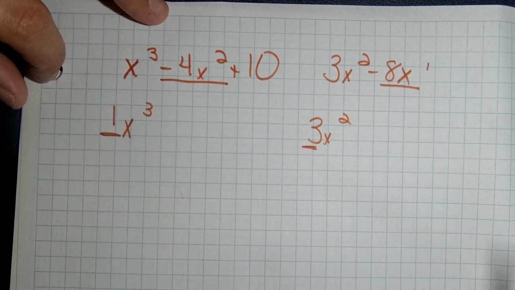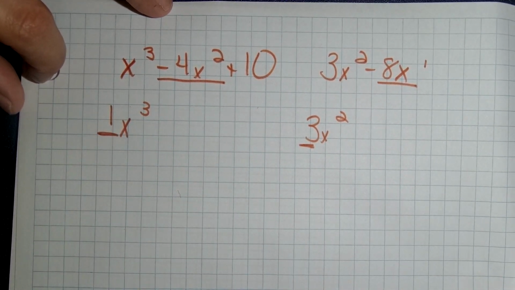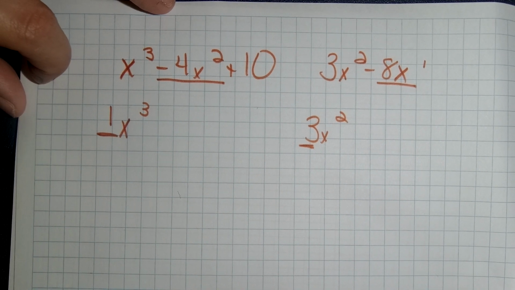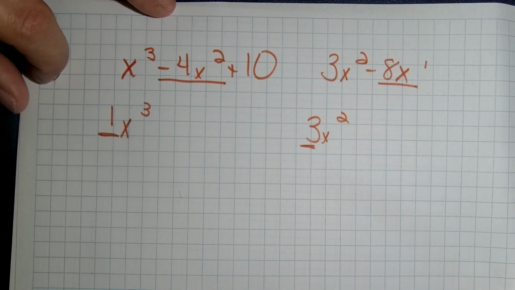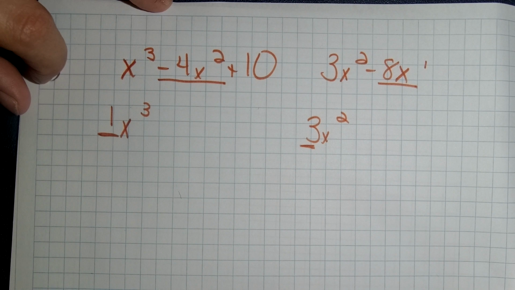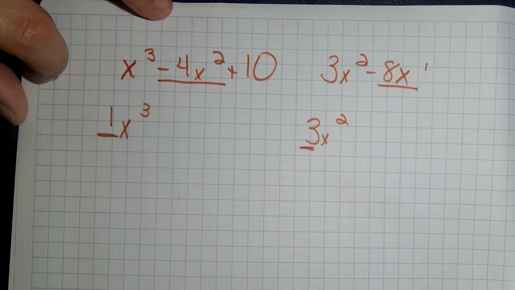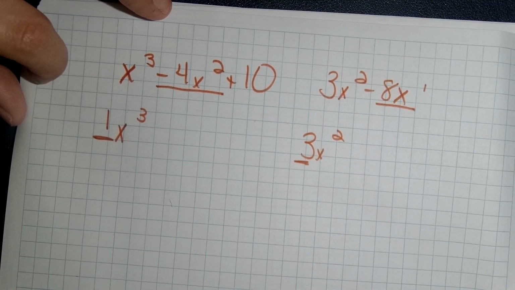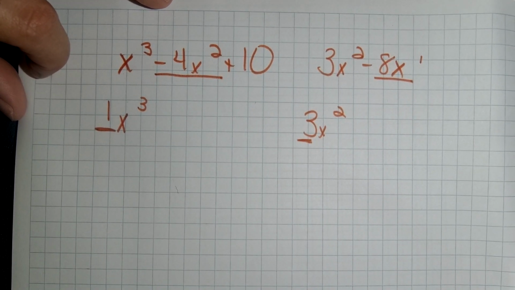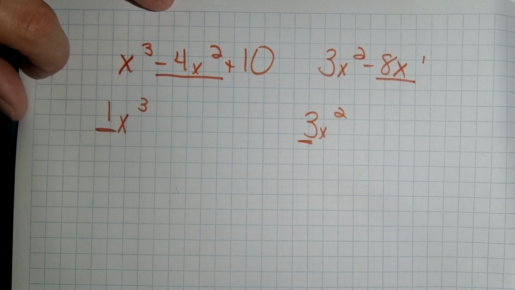3 and 1, okay. Where do I see a 3 and 1 here? It's not a trick question. Where is the 1? What is that called?